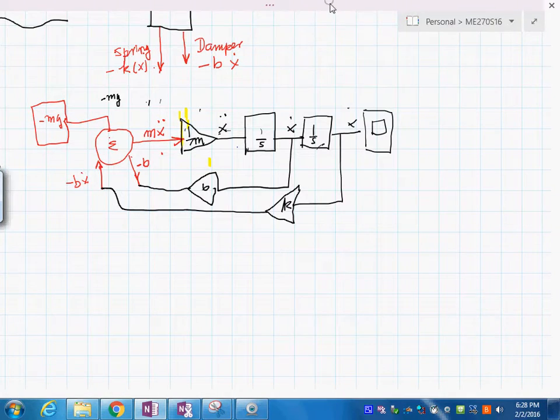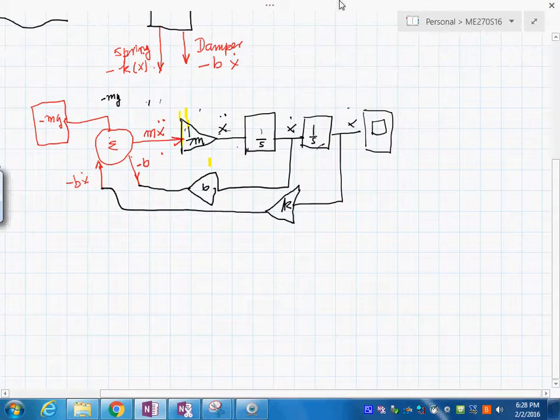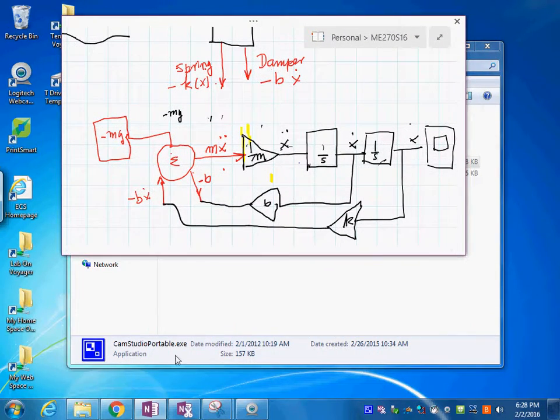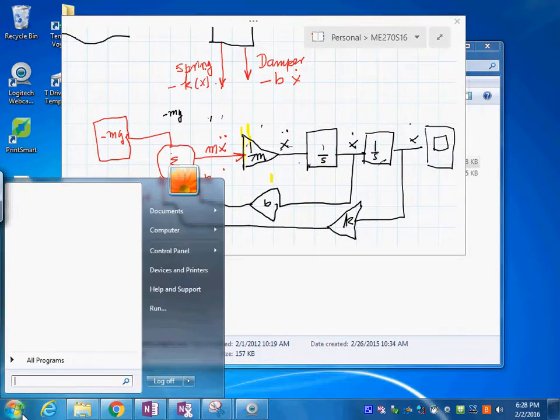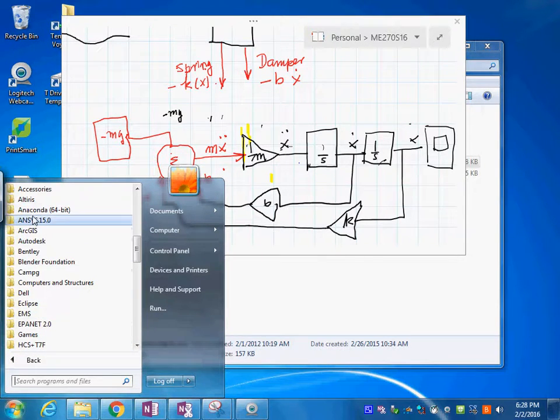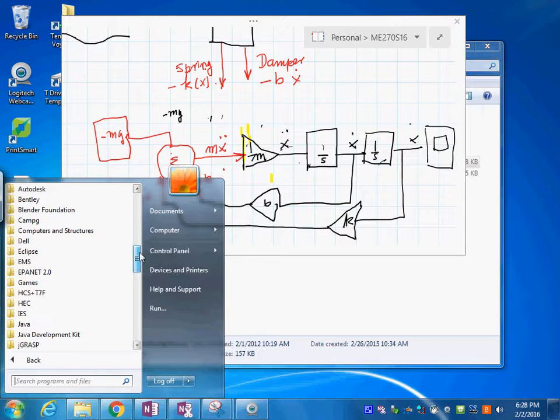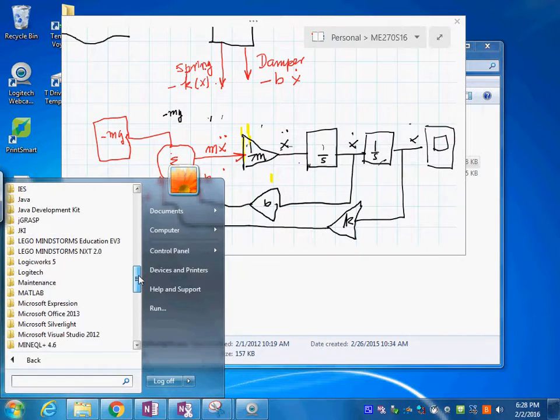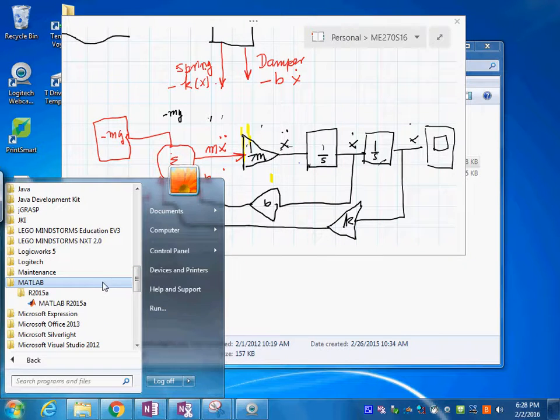I think at this point we need to go to Simulink. So in here we go here, and then we go to Simulink. Well, first of all, we have to go to MATLAB because Simulink is MATLAB dependent.